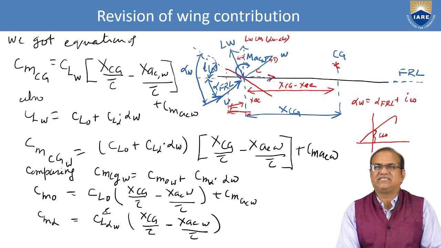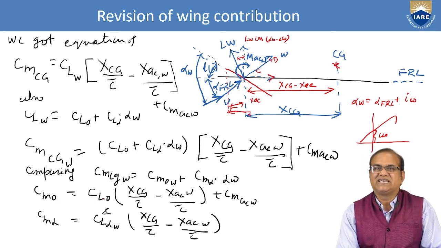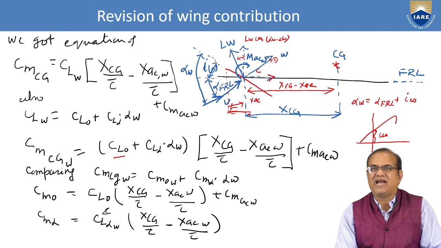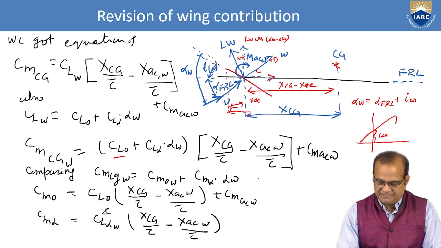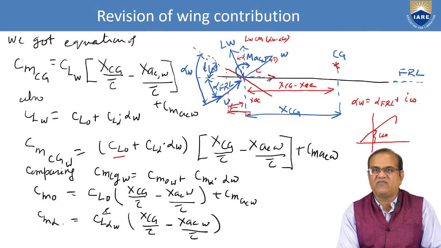Comparing this with CMCGW equal to CM naught W plus CM alpha into alpha, we can get that CM naught is equal to CL naught times (XCG by C bar minus XAC by C bar) plus CMACW. And CM alpha is equal to CL alpha W times (XCG by C bar minus XACW by C bar).